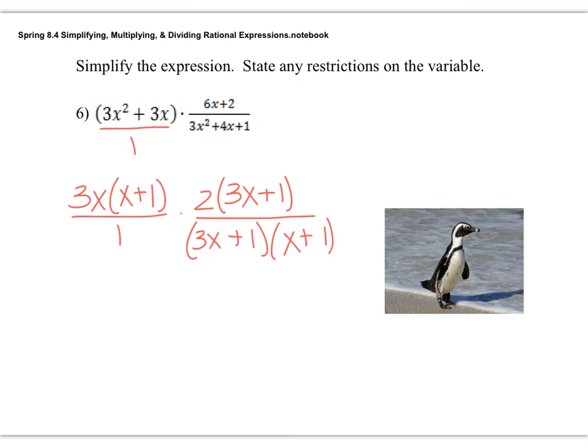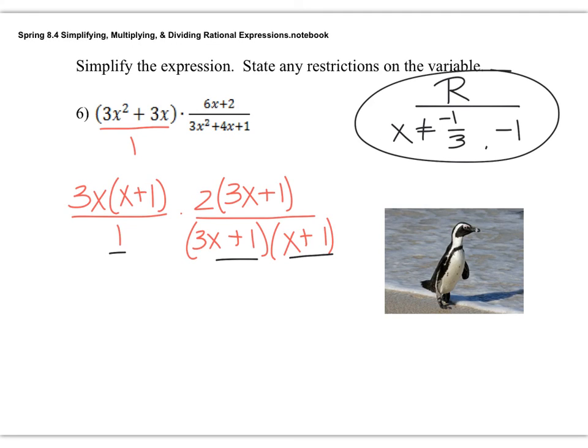So we can look at our restrictions. The 2 does not have an x, so that one does not give me a restriction. 3x plus 1 cannot be 0, which means x cannot equal -1/3. X plus 1 cannot be 0, which means x cannot be -1.